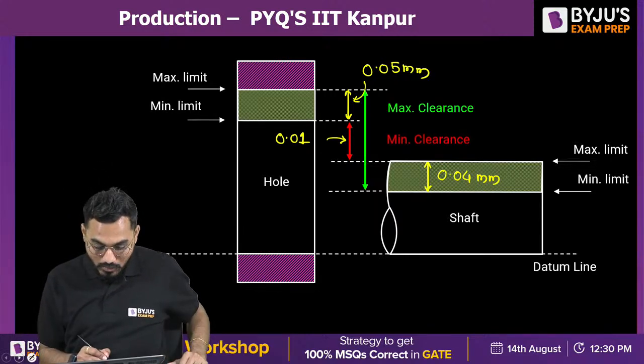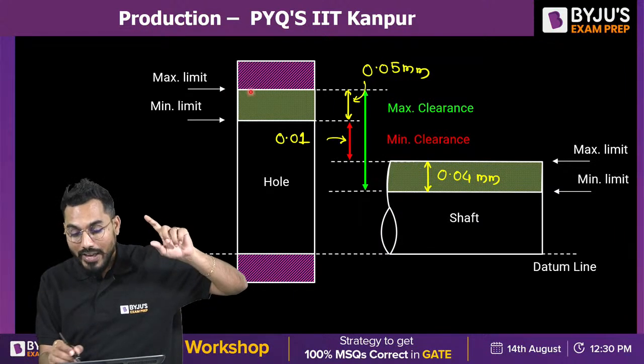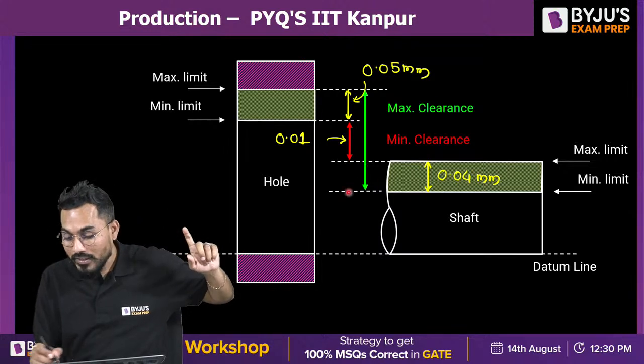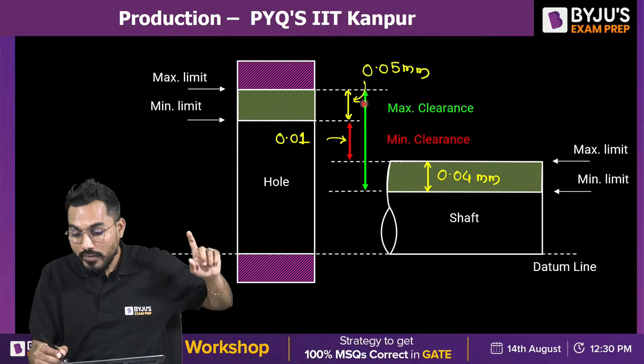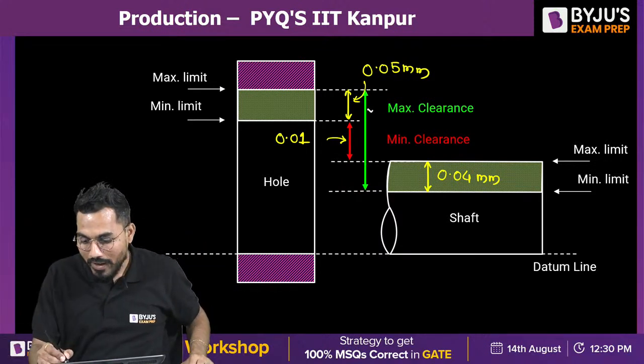What is maximum clearance? Maximum clearance is when assembly takes place of the higher limit of the hole minus the lower limit of the shaft. This is the maximum hole diameter and this is the minimum shaft diameter which can get assembled, and this is the maximum gap that can be created. So this is called the maximum clearance.